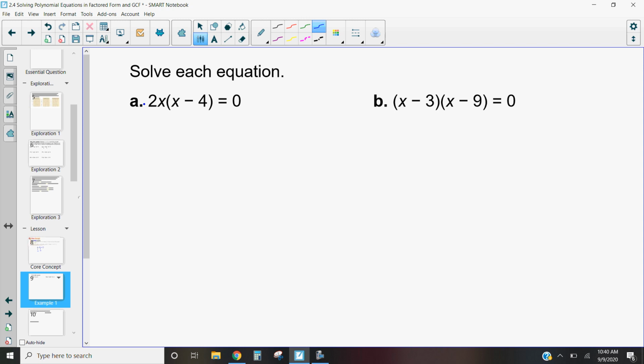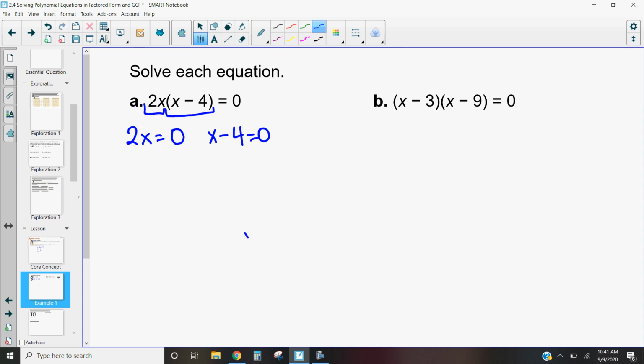Here, I am multiplying two polynomials. I have a monomial times a binomial, and I want them to equal 0. So one of those two polynomials has to equal 0 for the full product to equal 0. I don't know which one, so I'm going to look at what happens when each of them equals 0. In this first case, I have 2x equals 0. That's my first polynomial equal to 0.